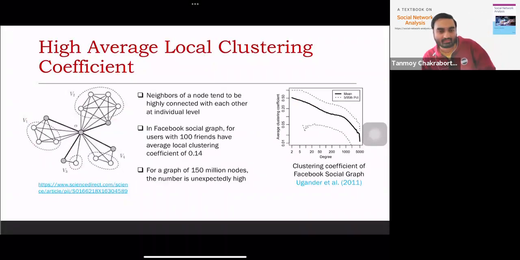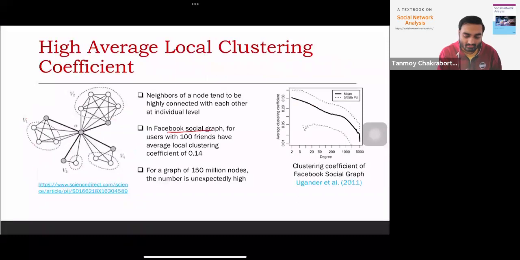So average local clustering coefficient, we know how to compute. But if you look at a real world network, for example a Facebook social network, for a user with 100 friends, that means the user has degree 100, the clustering coefficient is still 14%.